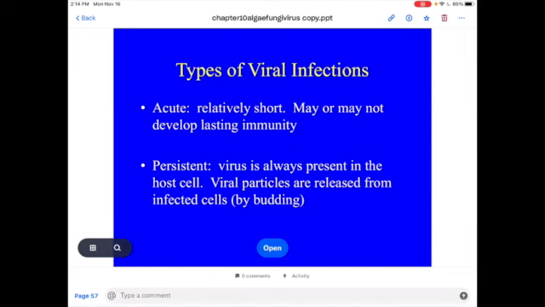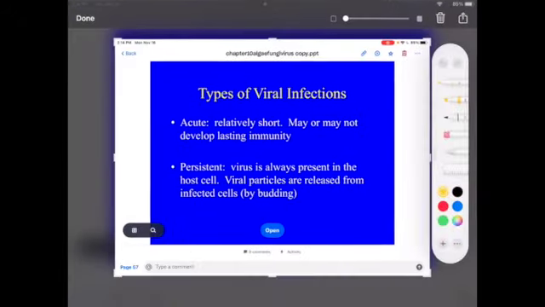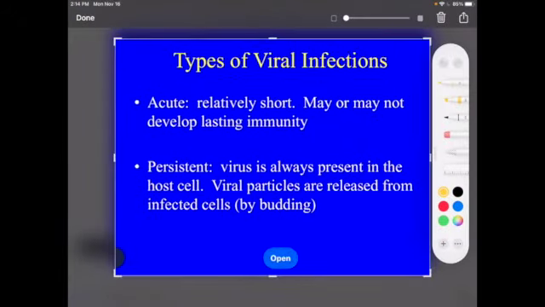Types of viral infections. Viral infections can be acute, meaning short-lived. With an acute infection, a person will get infected with a virus, their immune system will clear it, and it doesn't come back. So, for example, the flu is like this.